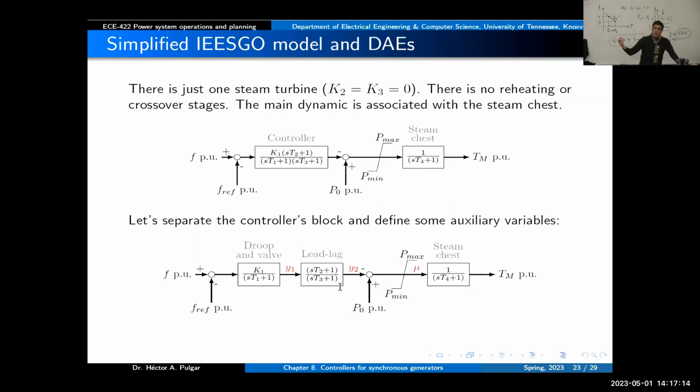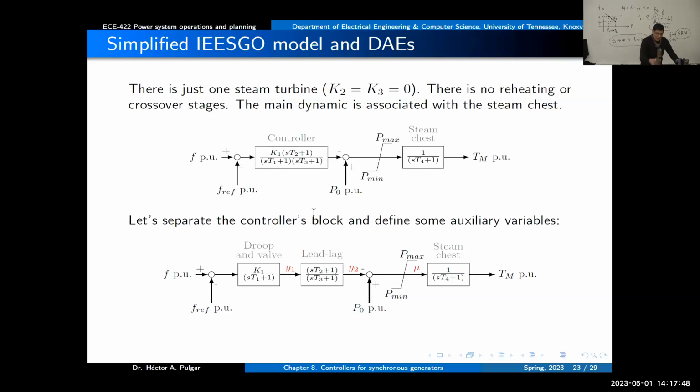So you will have a description of the governor with a lagging behavior, but we also will put some phase compensation, and that is done through the time constant T2. So after that block, then we will have the variable y2, and that is going to be subtracted here in this sum. So you will have P0 minus y2, and y2 will be basically the output of this controller.